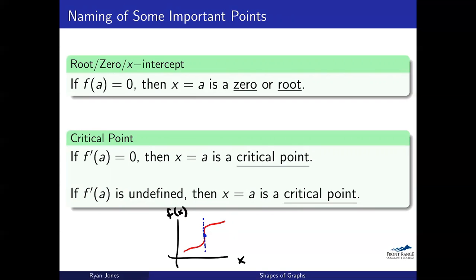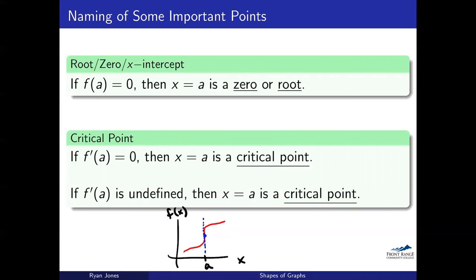That's not an asymptote, let me be clear. I'm just drawing it dashed because I want to make it look nice. But that dashed tangent line in the blue there is vertical. That means that my slope is undefined. It's infinity, it's undefined, either way you want to say it. And in that case, this point right here, A, would be a critical point as well.